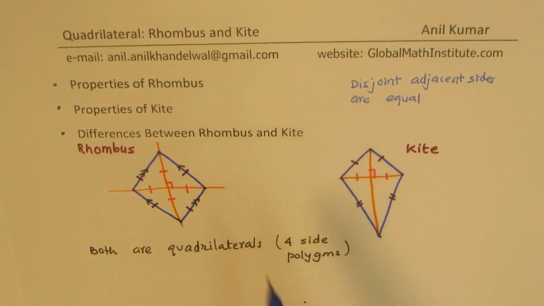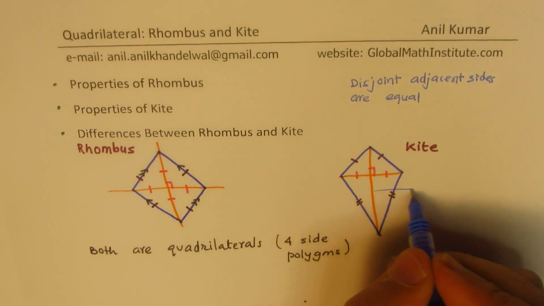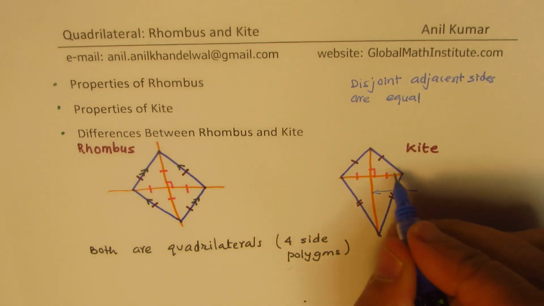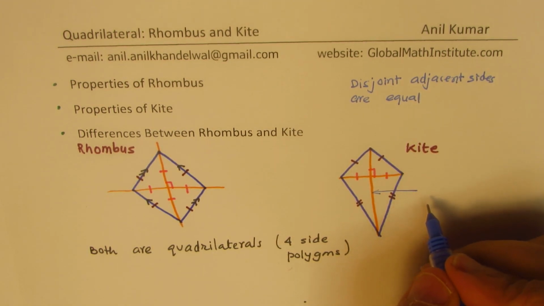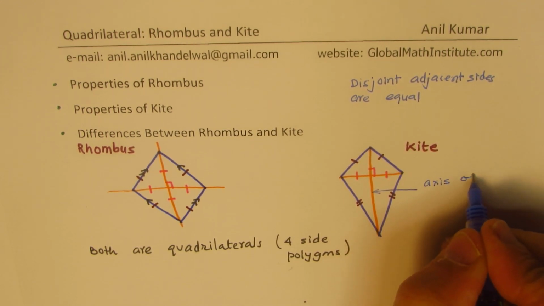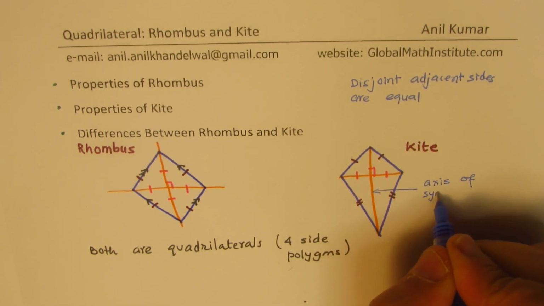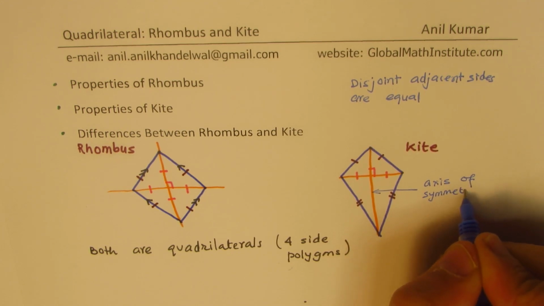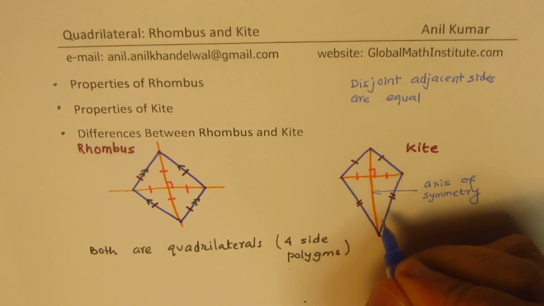So this diagonal is a major diagonal, a longer one, and it is also the axis of symmetry for the diagram, right? So we can also call this our axis of symmetry. The longer diagonal.